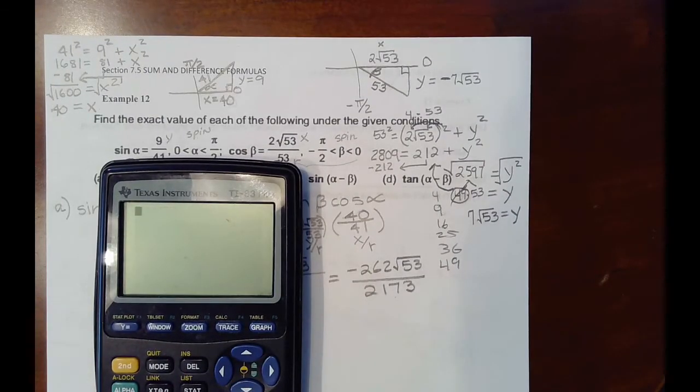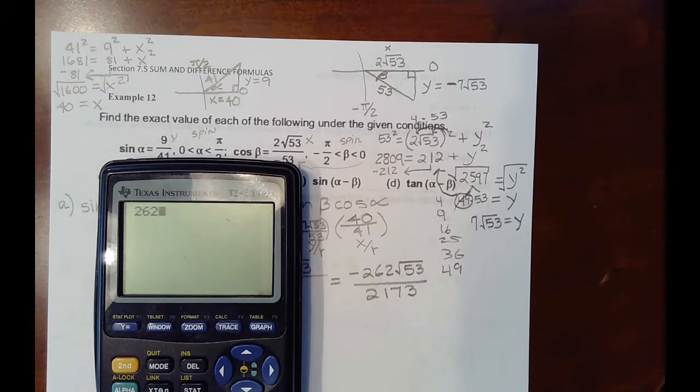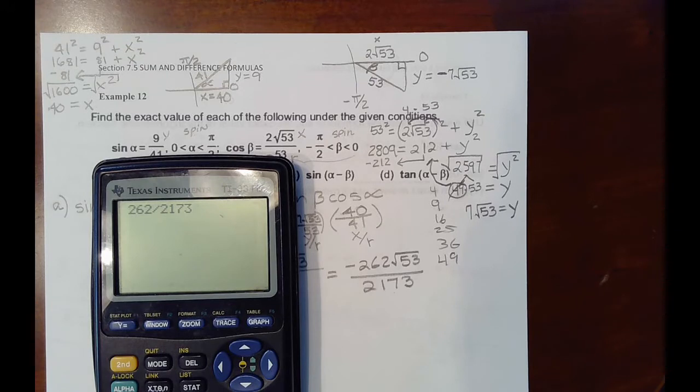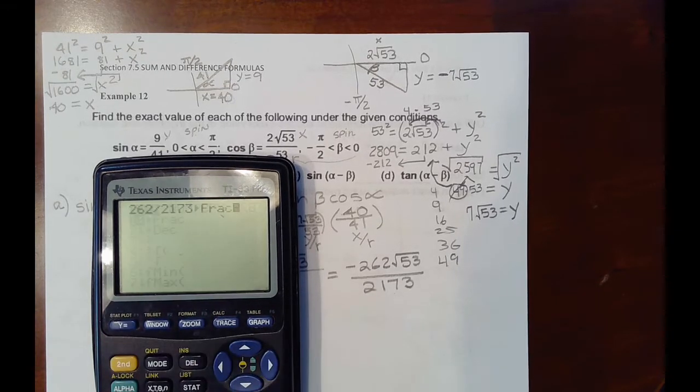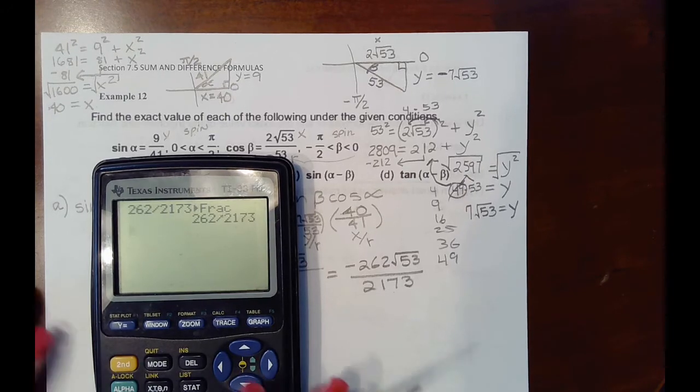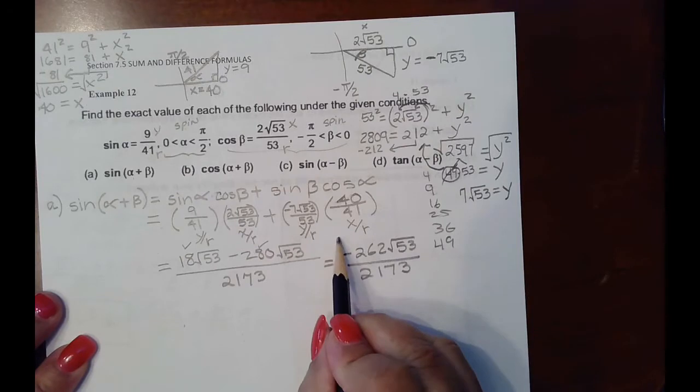If it does reduce, when you hit math enter, you'll get a smaller version of this fraction. You wouldn't put the radical in there. So if you were going to try it out, you would just go 262. No need to put the negative in there because you can just copy that yourself. Divided by 2173. And instead of hitting enter, hit math, enter, enter. And it comes back the same way, so that means it's already in its most reduced form.